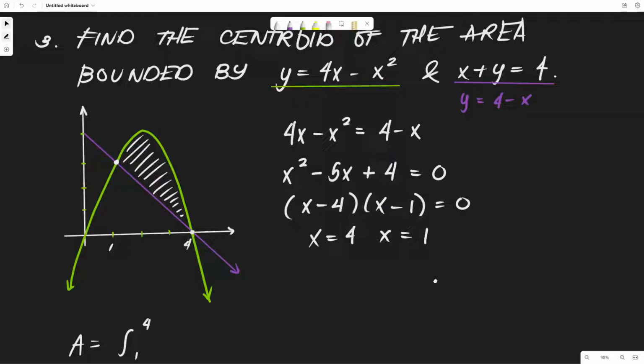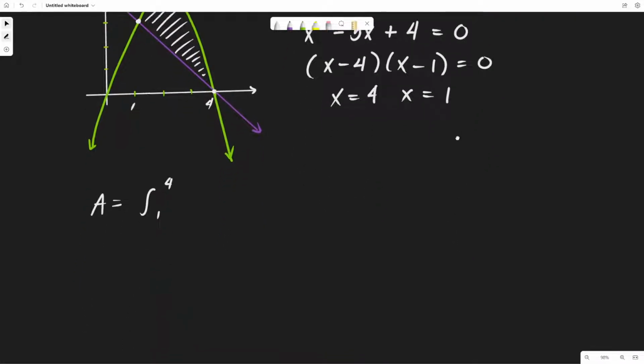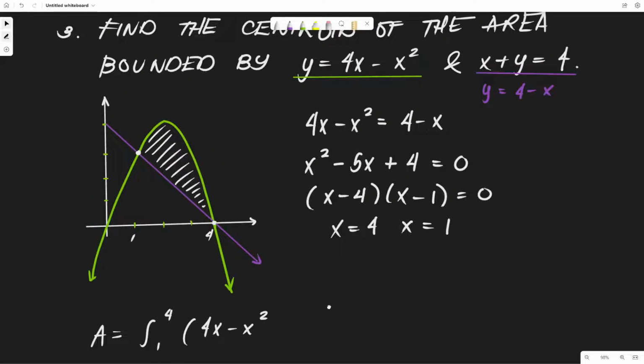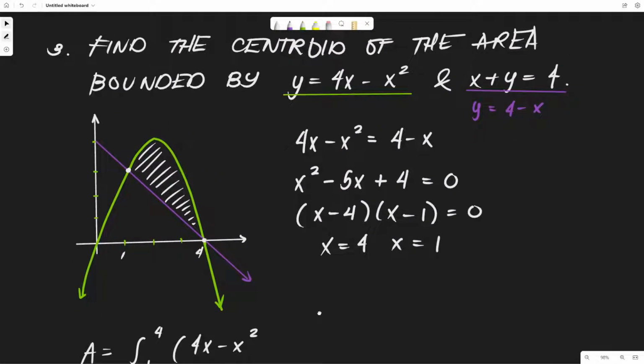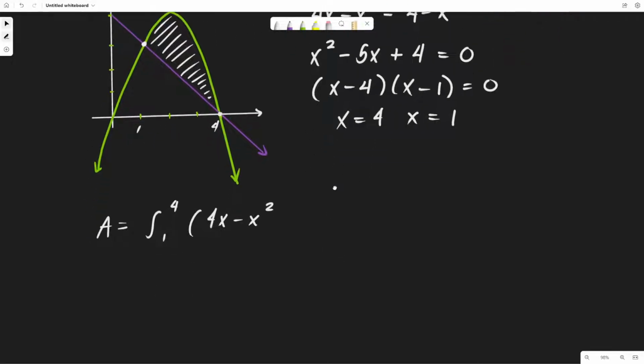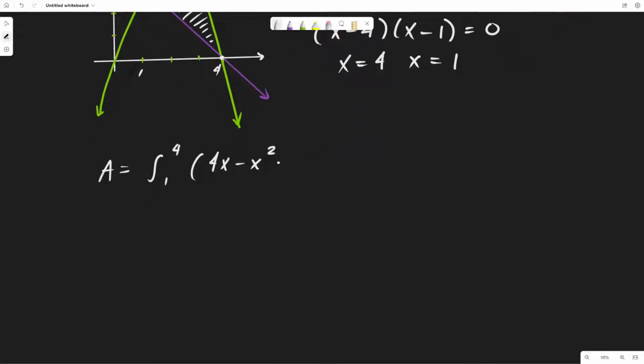Yung 4x minus x squared yung nasa taas. Then minus yung isa, no? Kasi yun yung nasa baba. So that is 4 minus x, no? 4x minus x squared minus 4 plus x, no? Kasi dinistribute ko na, no? Kaya siya naging plus x. Para wala na masyadong maraming grouping. Dx.